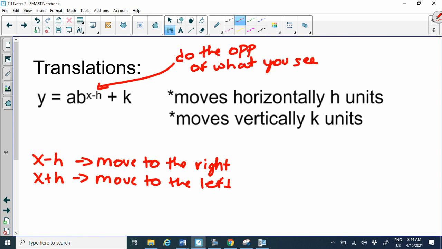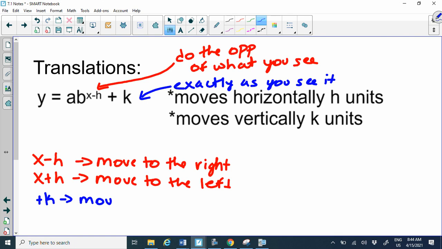Okay. Now K is exactly as we see it. So if we have a positive K, that means we're going to move up. And if we have a negative K, that means you're going to move your graph down.